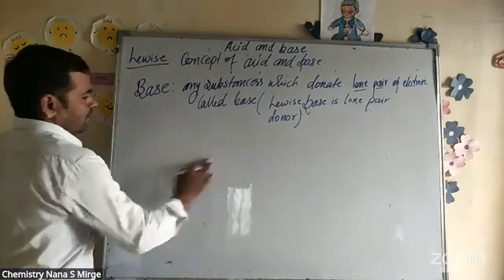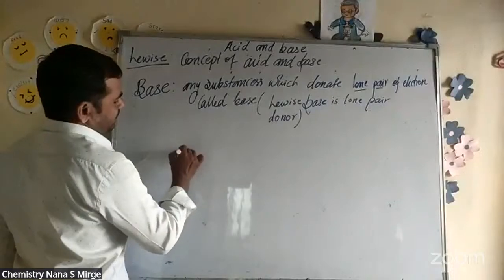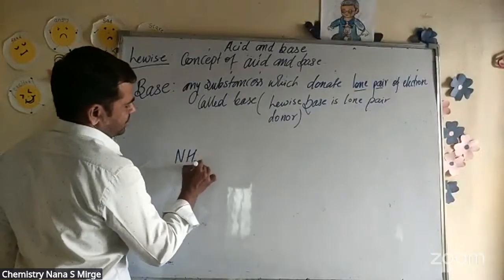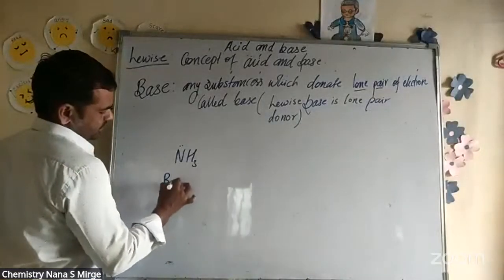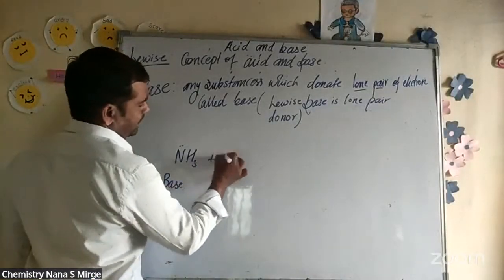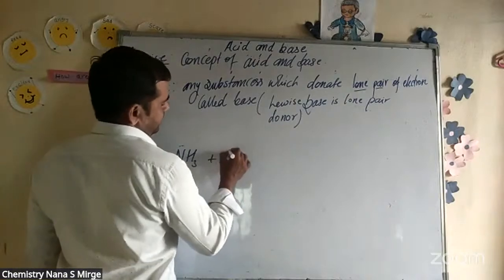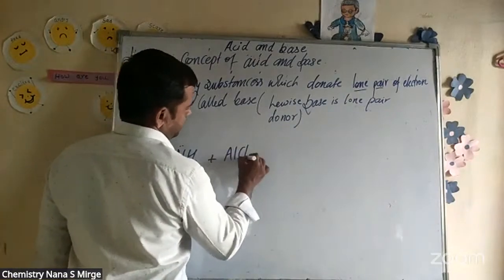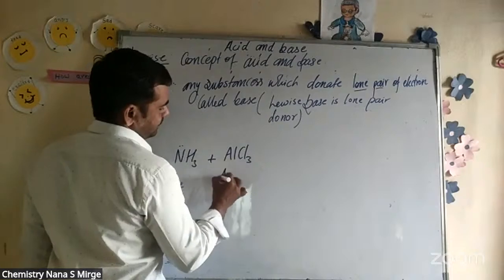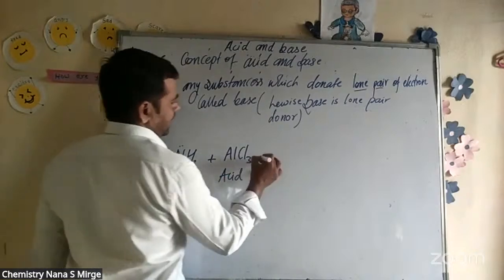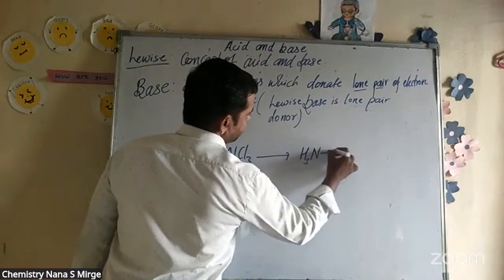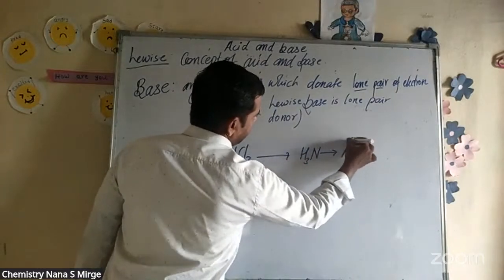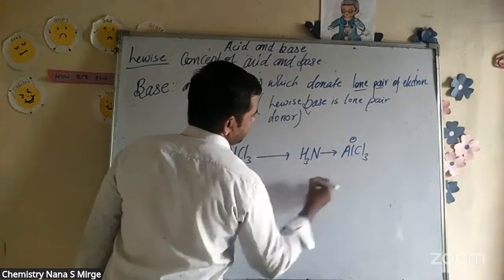Look here, this NH3. It is a lone pair donor, a base. And AlCl3 is an acid. It gives H3N donating to Al negative Cl3.